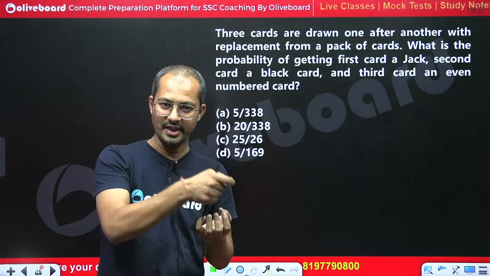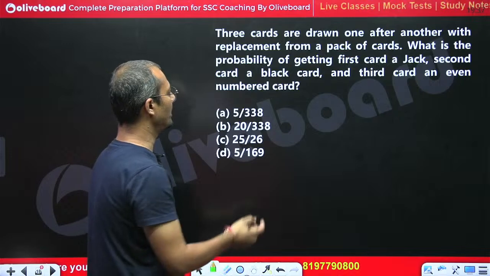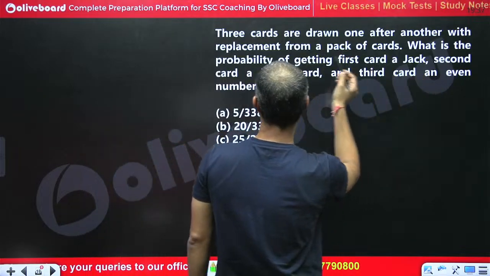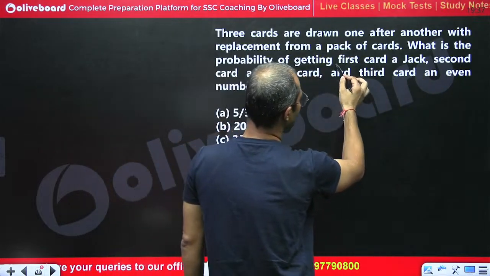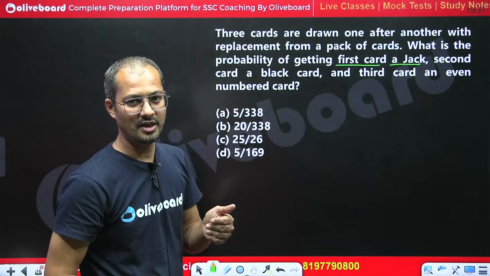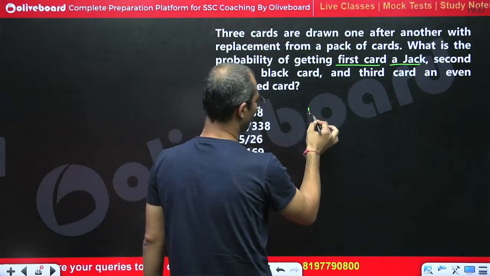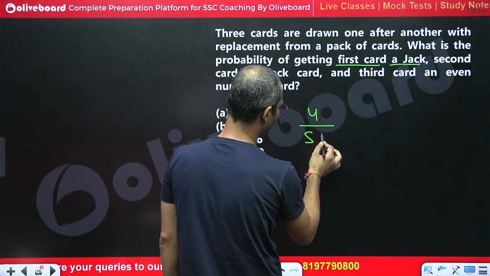Got the point? What is the probability that the first card is a jack? How many jacks are there out of 52? Only 4. So the probability would be 4 upon 52.